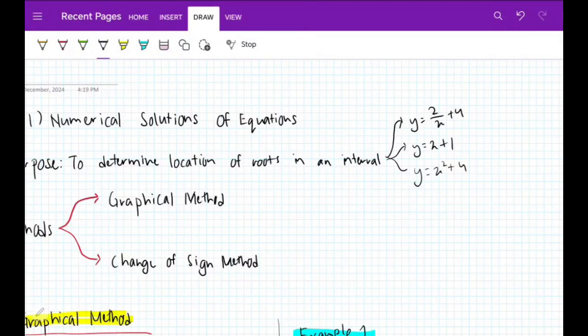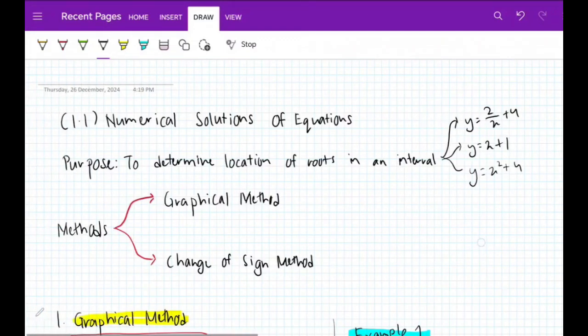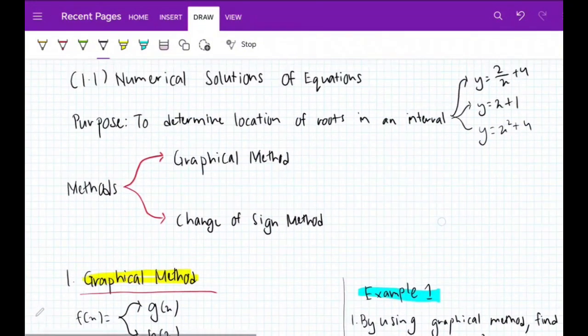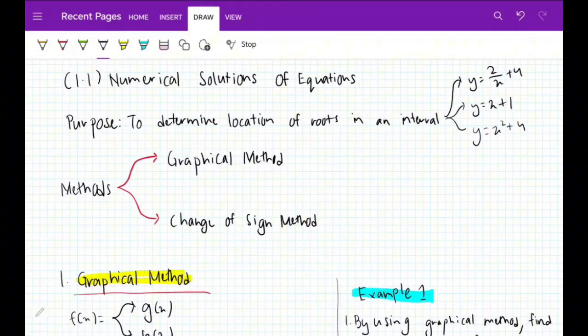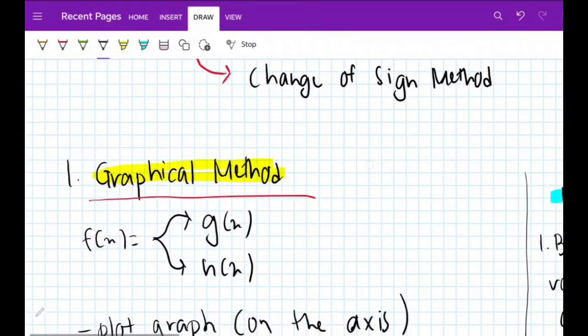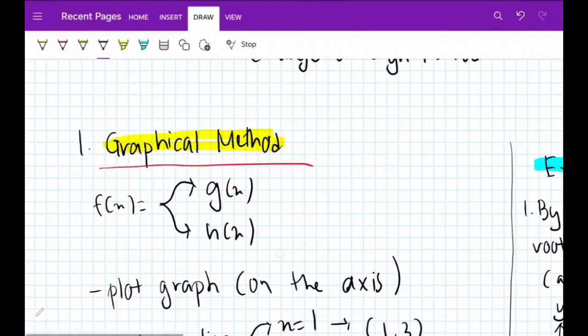For finding the interval of roots, we have two methods. First is the graphical method, and then we have the change of sign method. First I will be focusing on the graphical method.